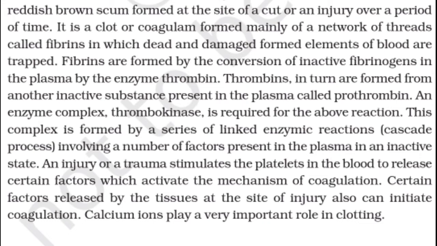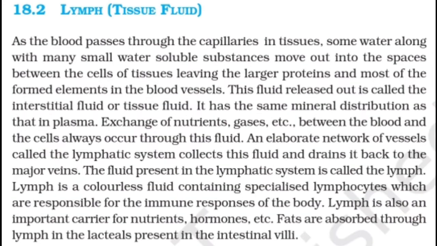An injury or trauma stimulates the platelets in the blood to release certain factors which activate the mechanisms of coagulation. Certain factors released by the tissues at the site of injury also can initiate coagulation. Calcium ions play a very important role in clotting.